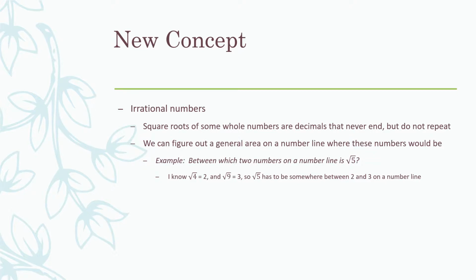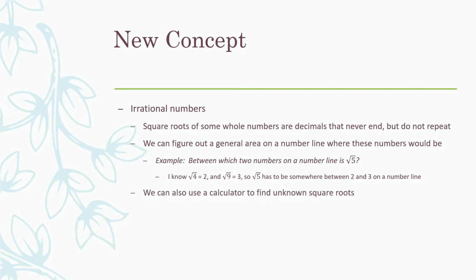And if I want to be even more specific, 5 is much closer to 4 than it is to 9. So it's probably somewhere between 2 and 2.5. On that side of being between 2 and 3. Closer, definitely closer to 2 than it is to 3.